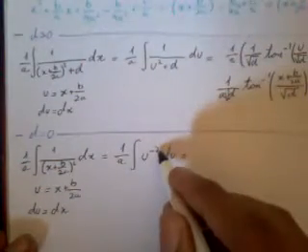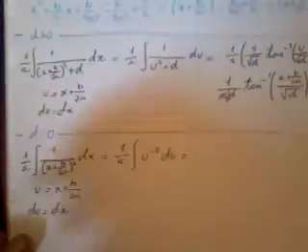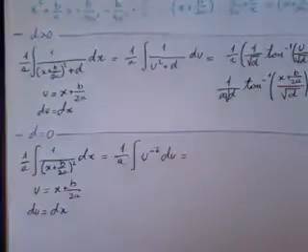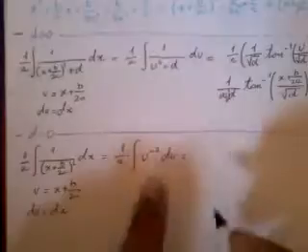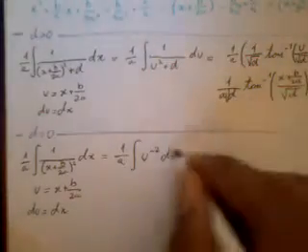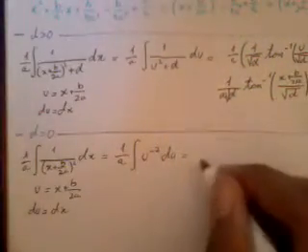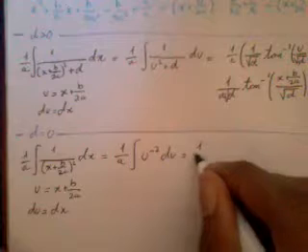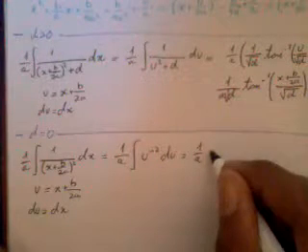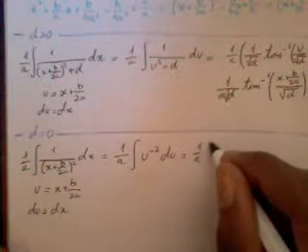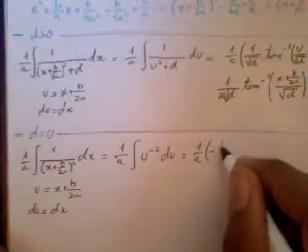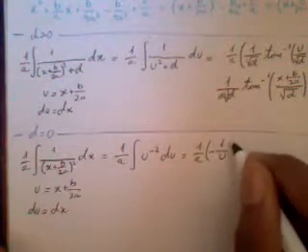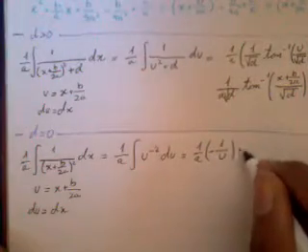Well, we add 1 to the exponent and revert it back. So it's just 1 over a times negative 1 over u, plus c.